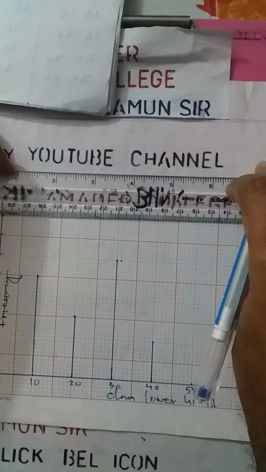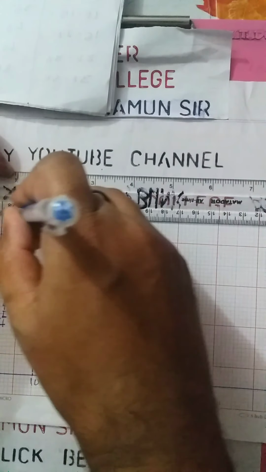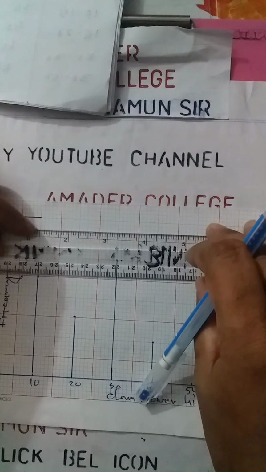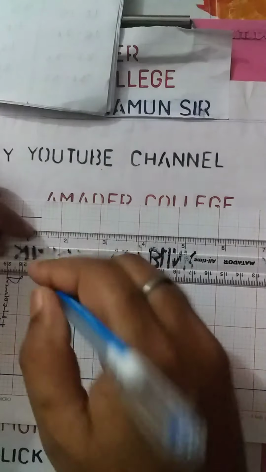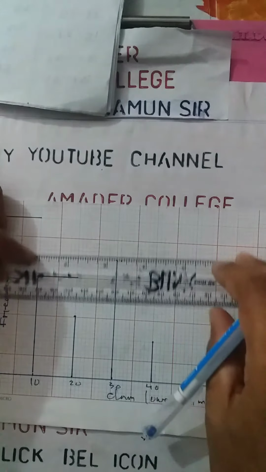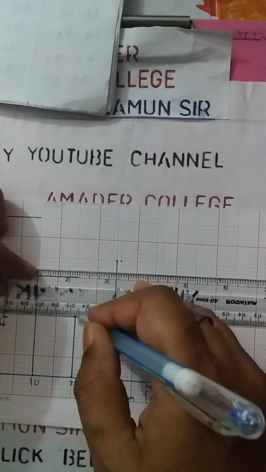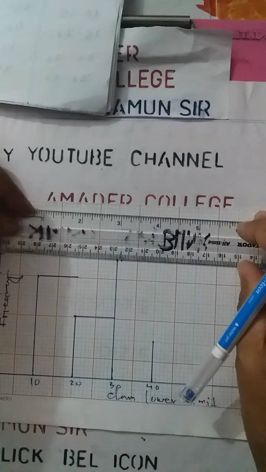Now at the right hand side, this is the way of drawing a histogram.